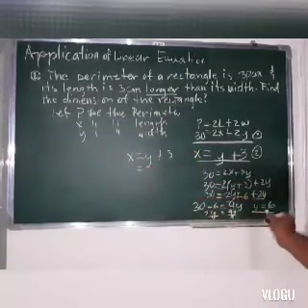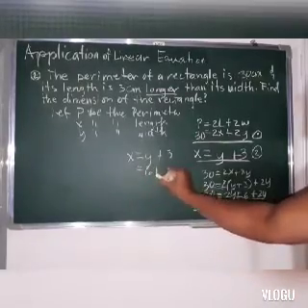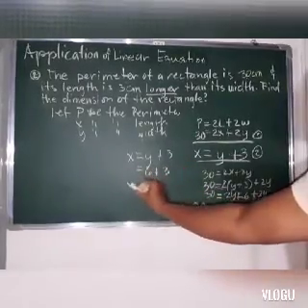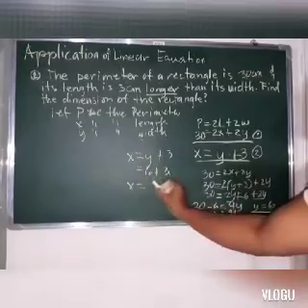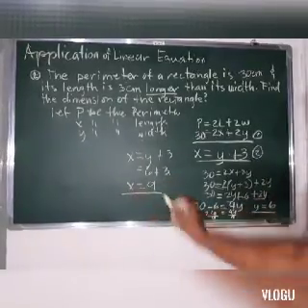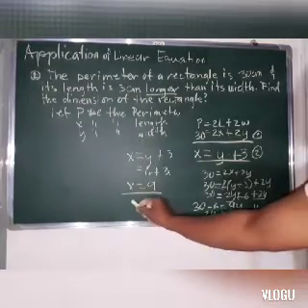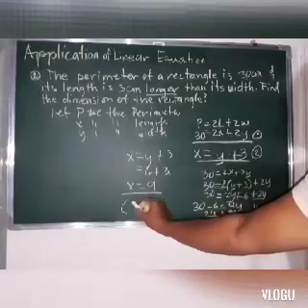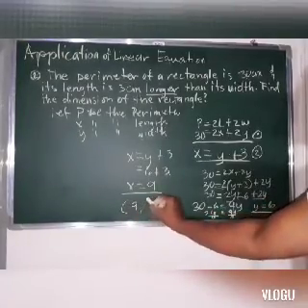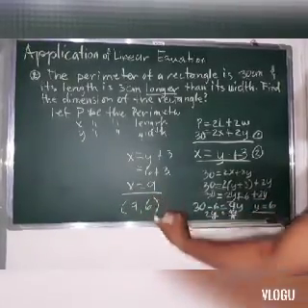Substitute y, which is 6. 6 plus 3. So, x is equal to 6 plus 3 is equal to 9. Therefore, the solution for this is we have x is 9 and y is equal to 6.